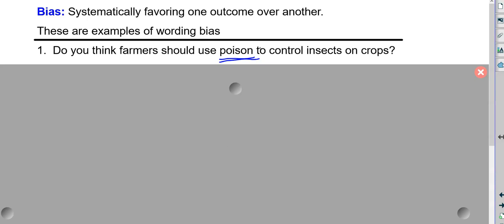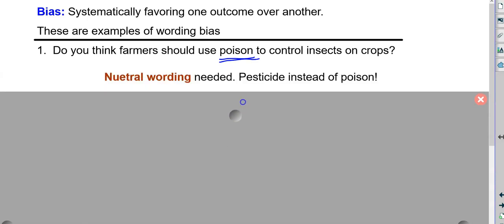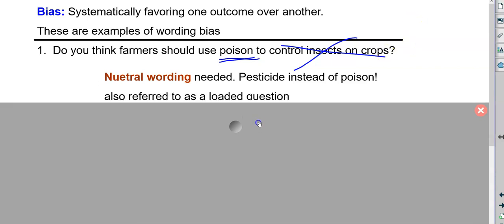Like herbal insecticides or something, oh yeah, I think I would use that on crops. But poison, ooh, that sounds so bad. So neutral wording, maybe a pesticide instead of a poison. The way you phrase a question, if we gave a question like this, it would just be moot. The results would be nothing because it was a poorly worded question.